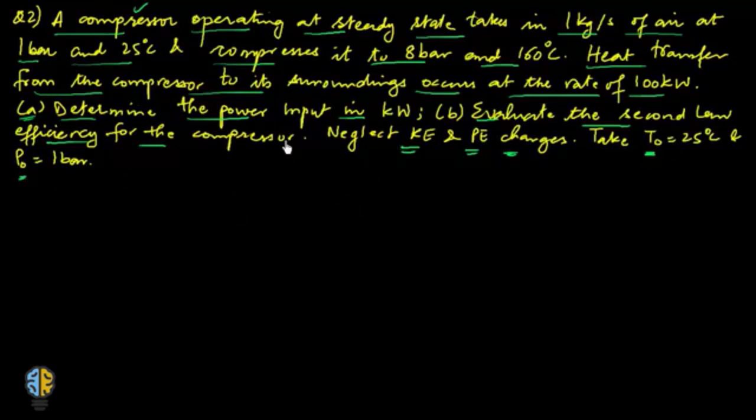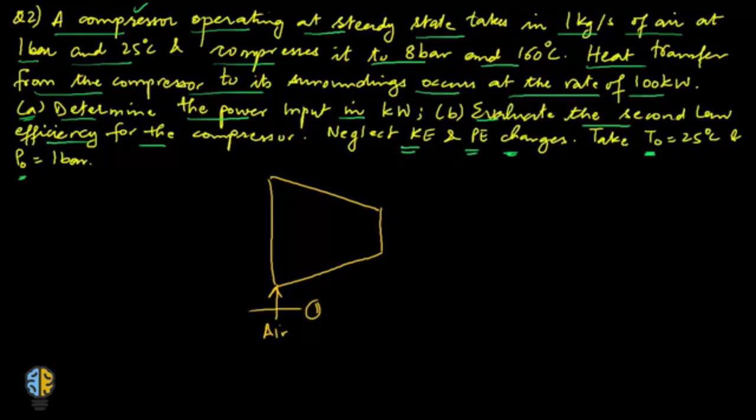Now let's draw the schematic of the compressor first. This is how a compressor would look. The entry of air is at a larger section, so this is the air entering at section number 1, and it exits at a smaller section, which is section number 2.